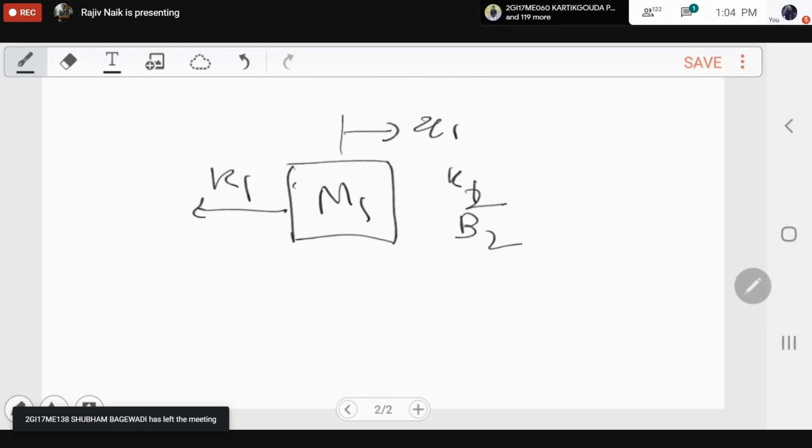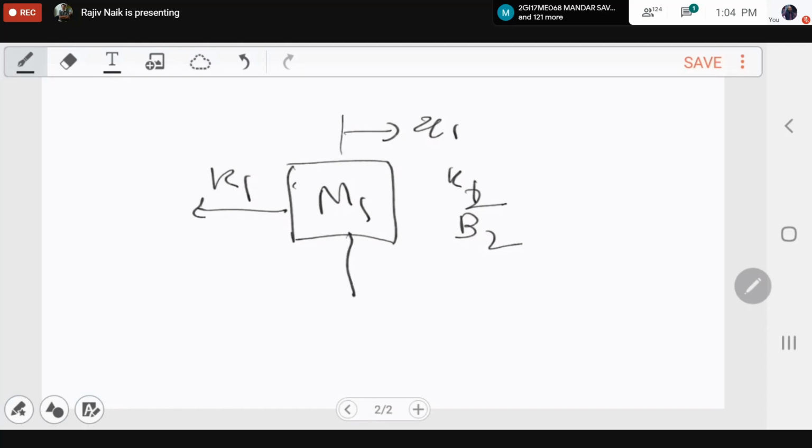If the x1 direction is right, that means right side I am taking positive. So the whole body is trying to move towards right, which means the opposing force will be generated by spring K1 that will try to pull the body towards left.